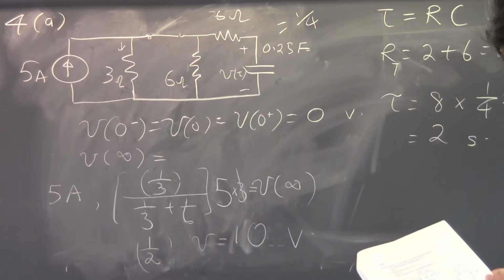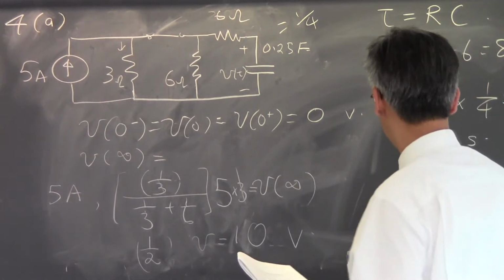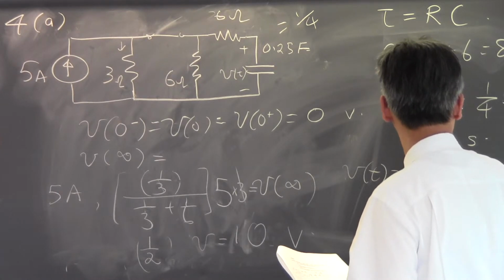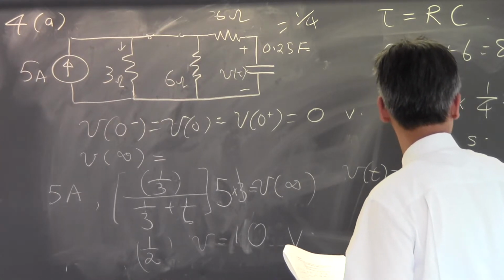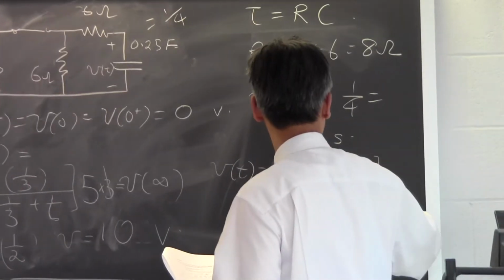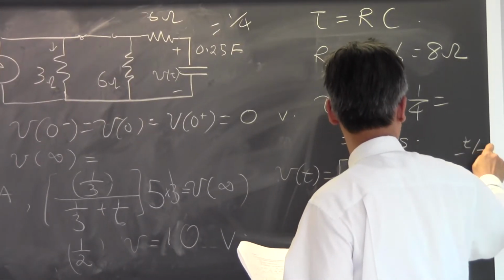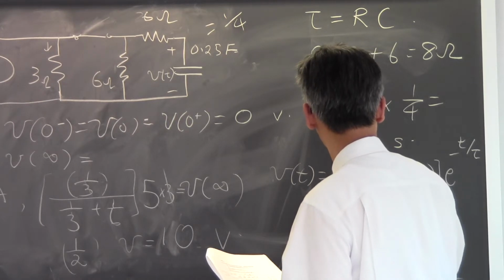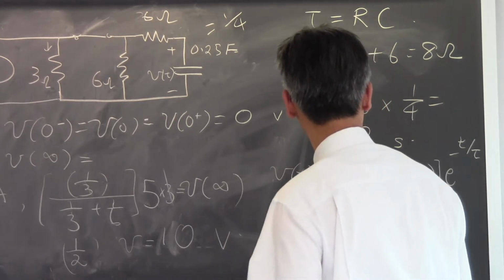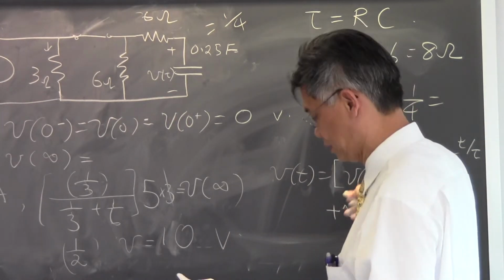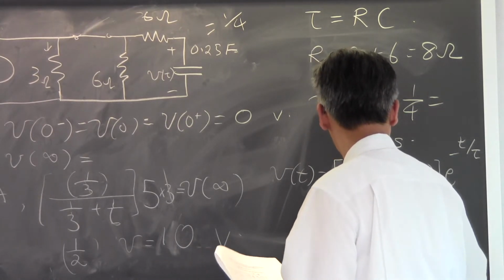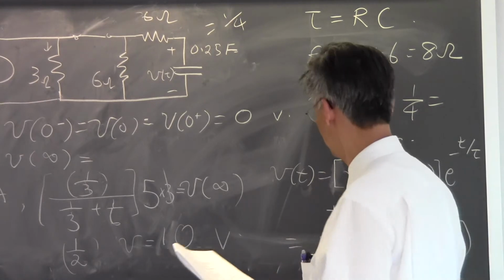And then you're asked to write down V of t. You can write V of t equal to V of 0 minus V of infinity, times e to the minus t over tau, plus V of infinity. And you all know this. You just plug in and get 10 times (1 minus e to the minus t over 2).